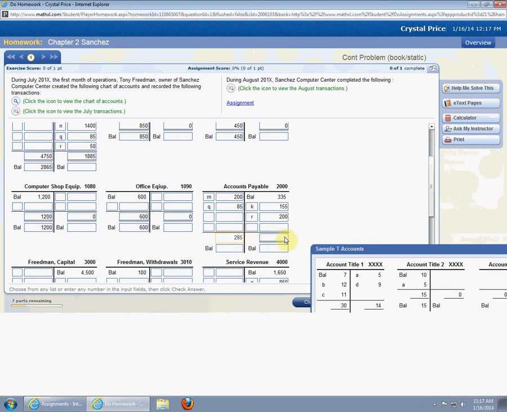So I just carried that down, because there's nothing else in the account. Zero. Now pay attention to what you're doing. Don't get happy because you're doing all the assets.